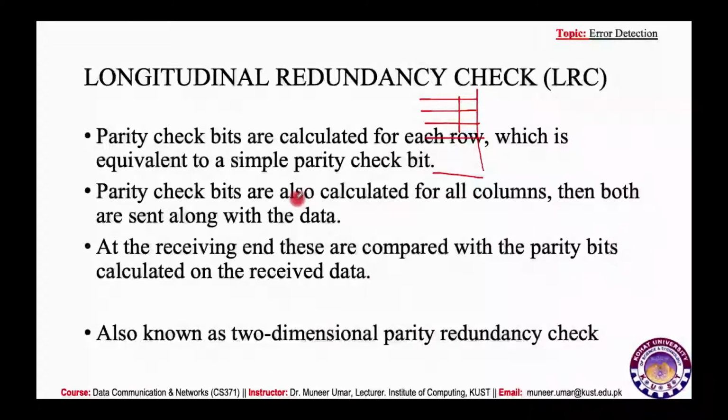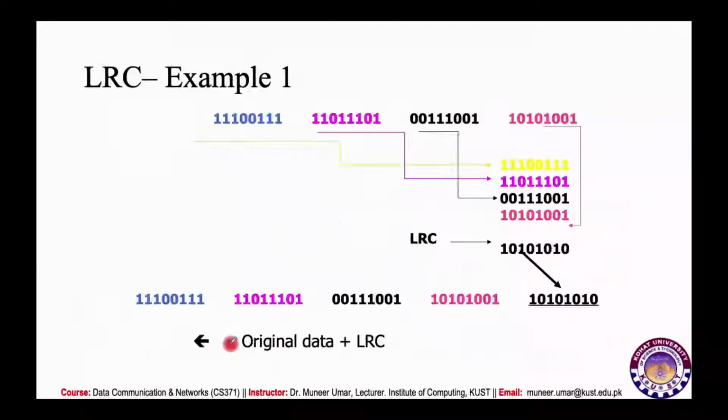Parity check bits are also calculated for all columns. Then both are sent along with the data. At the receiving end, these are compared with the parity bits calculated on the received data, and the result is concluded. This is also known as two-dimensional parity redundancy check.